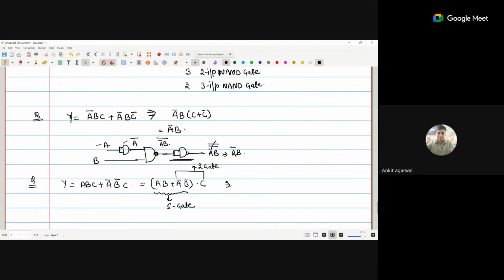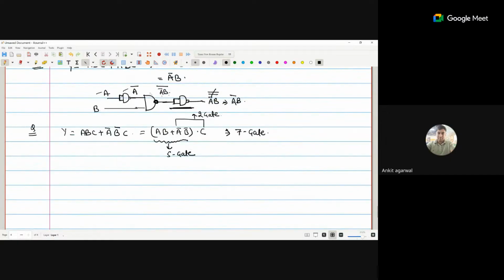That means total 7 gate. So we can do 5 gates also, right? We'll have 5 NAND gates. Okay.